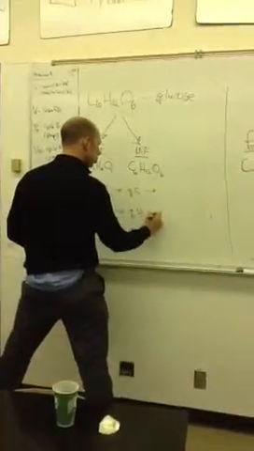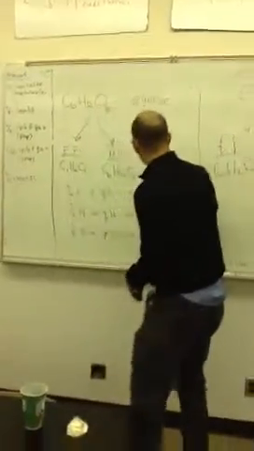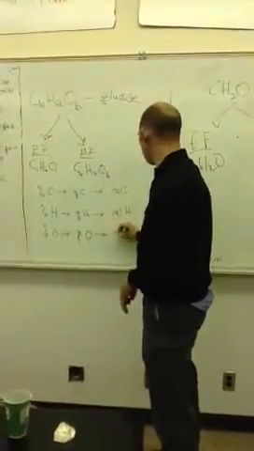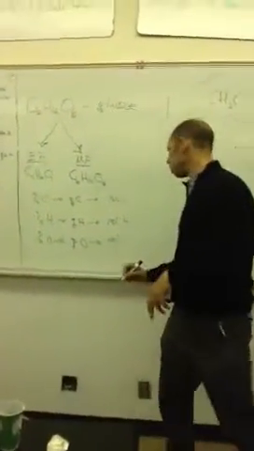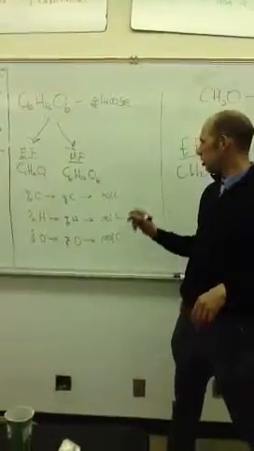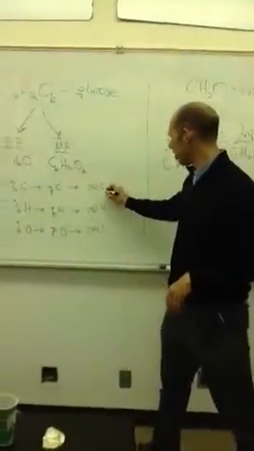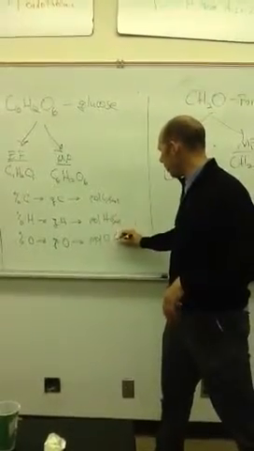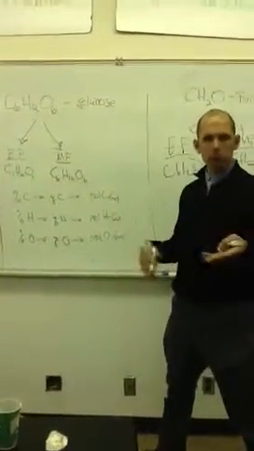Moles. Always. So then we get moles carbon, moles hydrogen, moles oxygen. Then what do we do? You divide by the smallest one, whatever the smallest one is. And if you get a number like 0.5, you're going to have to multiply everything by 2.